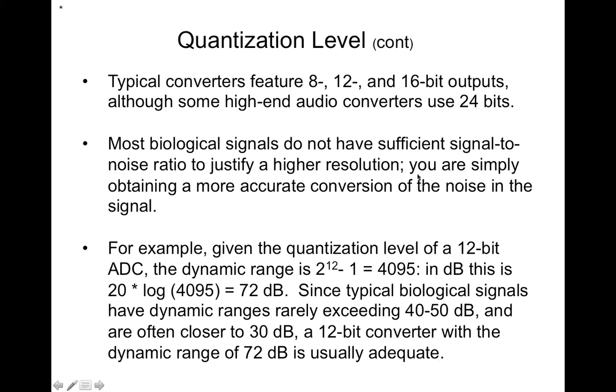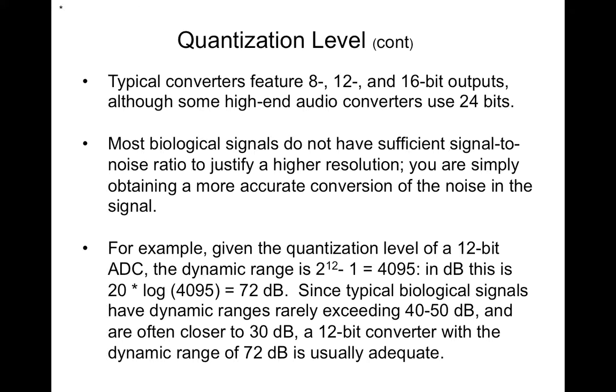Typical converters usually use an 8, 12, or 16-bit output. Some very high-end converters will use 24 bits. Most biological signals don't have a sufficient signal-to-noise ratio to really justify a higher resolution. If you go with greater than a 16-bit converter, you're really just quantizing the noise and characterizing the noise, so there's not a lot of reason to do that.